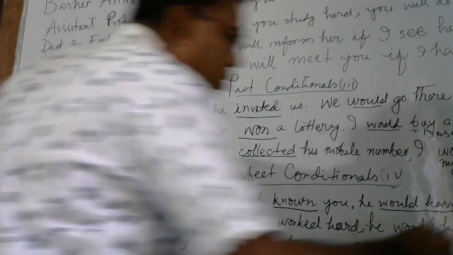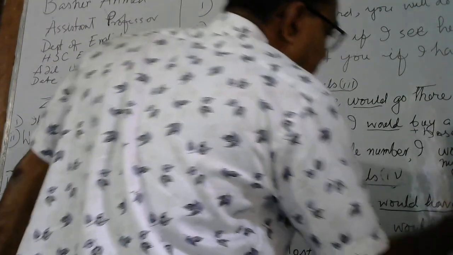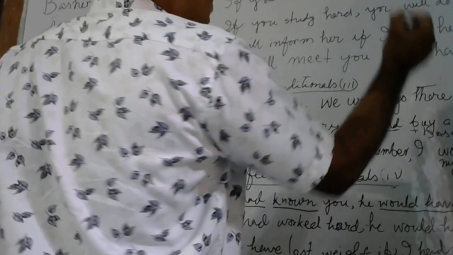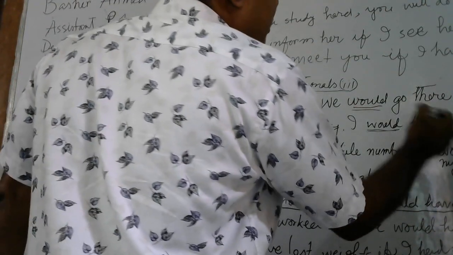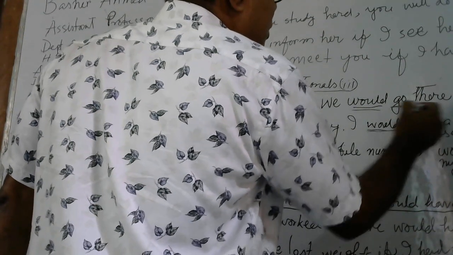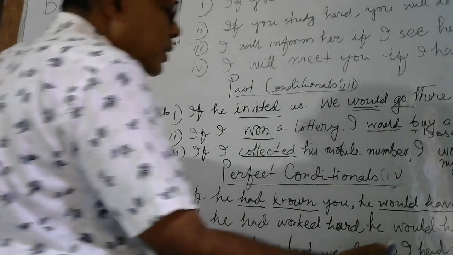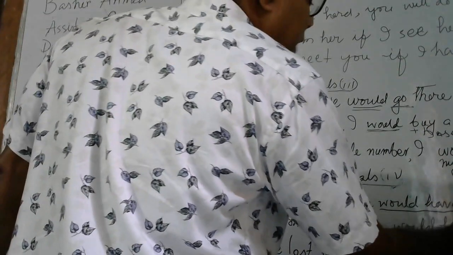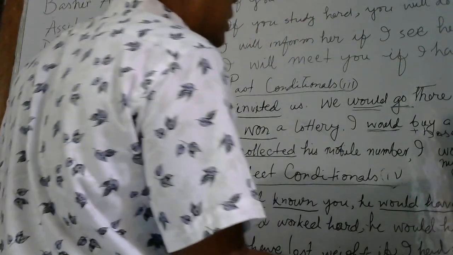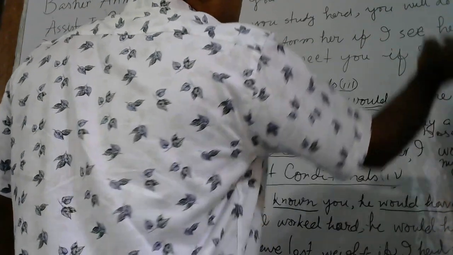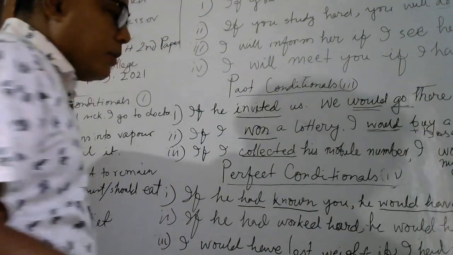Past participle, called. But here, in this case, we have used the present form. But in the fourth condition, we have used the past participle form of the verb. But we have used here the base form, also here the base form. So remember it.